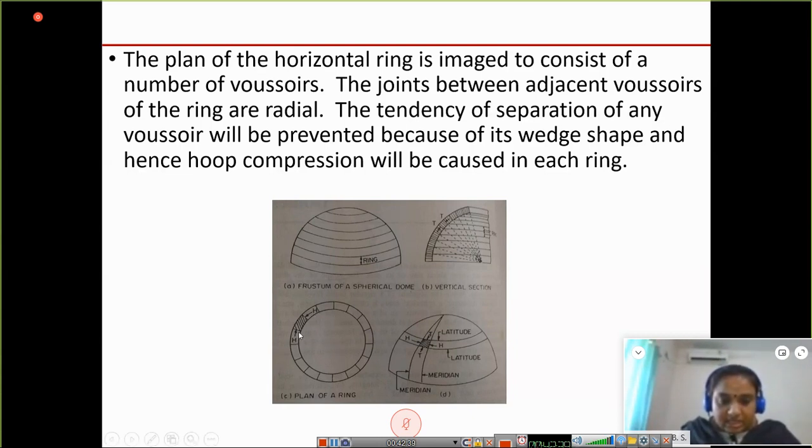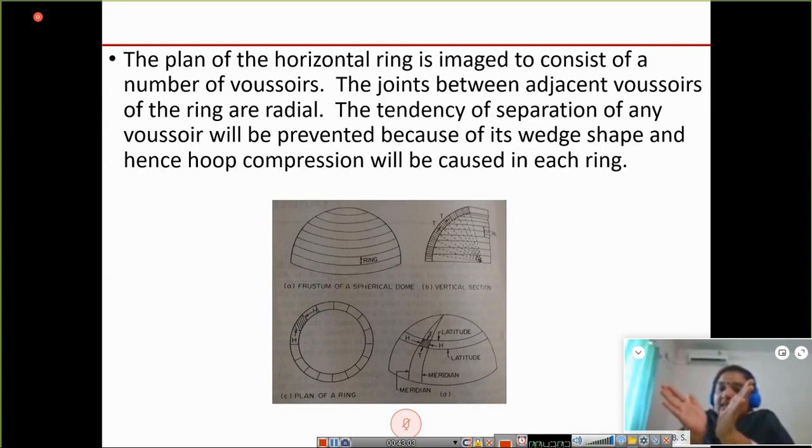So this is the basic unit of which this ring is composed, and the joints of these basic units are radial in nature. So you can imagine it consists of smaller units like this.